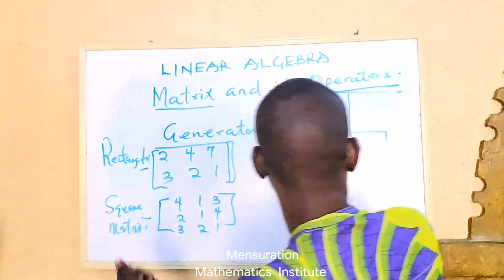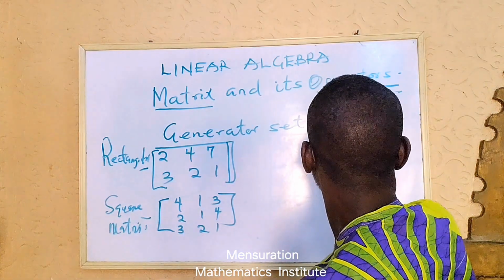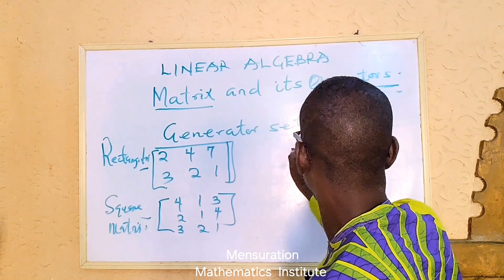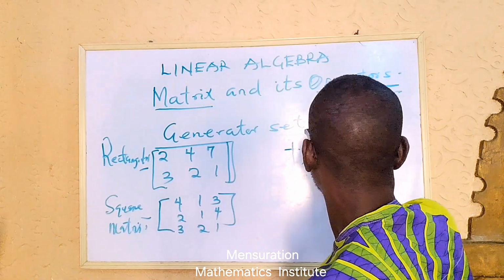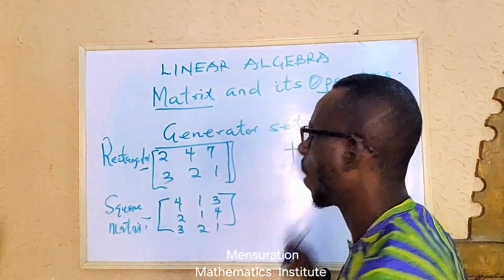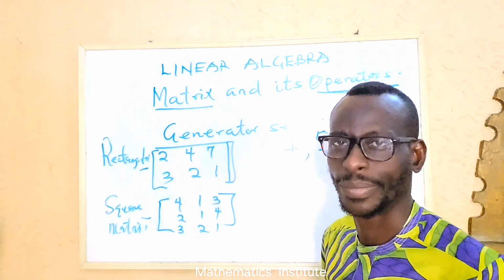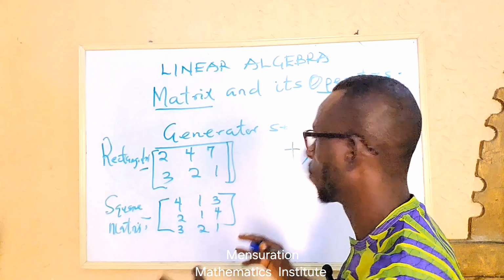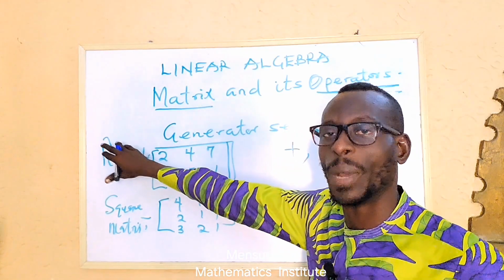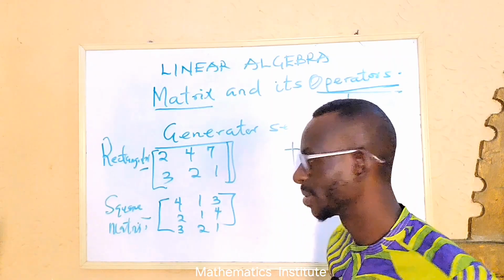Let's look at some operators here. They are called tools. You have plus, minus, division, multiplication, and whatsoever tool you wish to use, you can easily use on the matrix itself to produce a result.